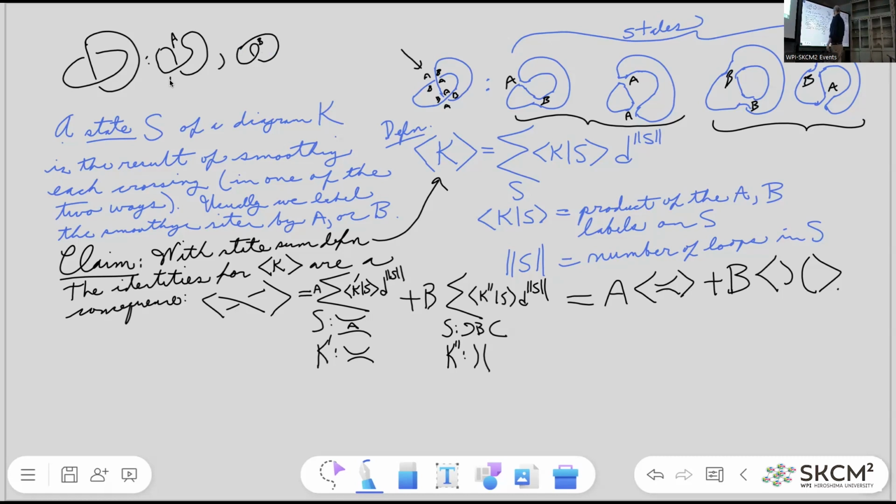So that when I write this, I'm actually thinking, the state expansion of this is equal to the sum of the state expansion of this multiplied by an A because I needed an A from that label, and the state expansion of this. So this formula then becomes a statement about the way the states, which add up to give me the bracket, decompose into two disjoint collections.